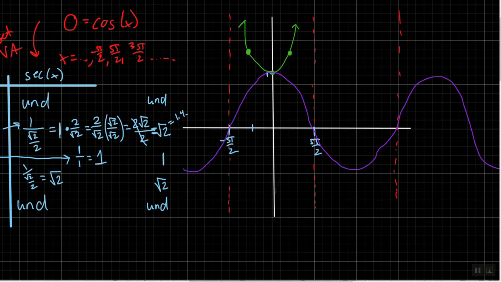Okay, what point on cosine did I keep in this one right here? 1, 0, right? I'm going to keep that same point down here in the negative direction. All I'm doing is taking this shape right here, Declan, I'm going to flip it over, and then it makes my parabola. So this point flips to right here, because we're doing the reciprocal. This one flips to right here. So then I have another one, and it looks like this.